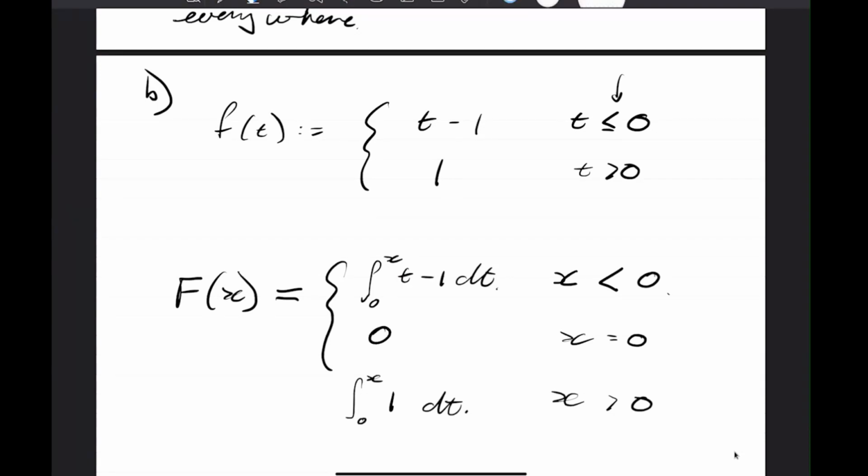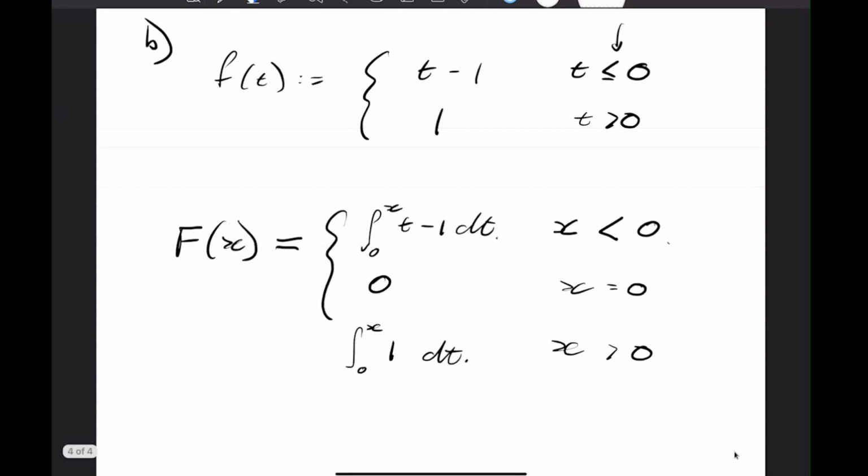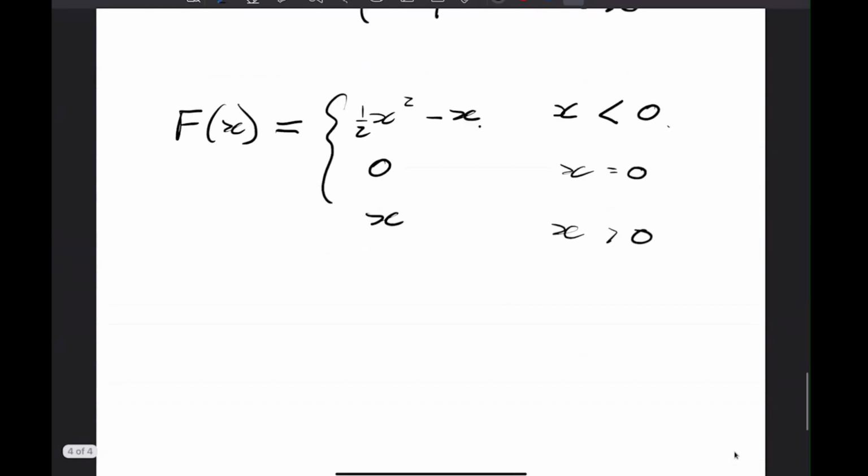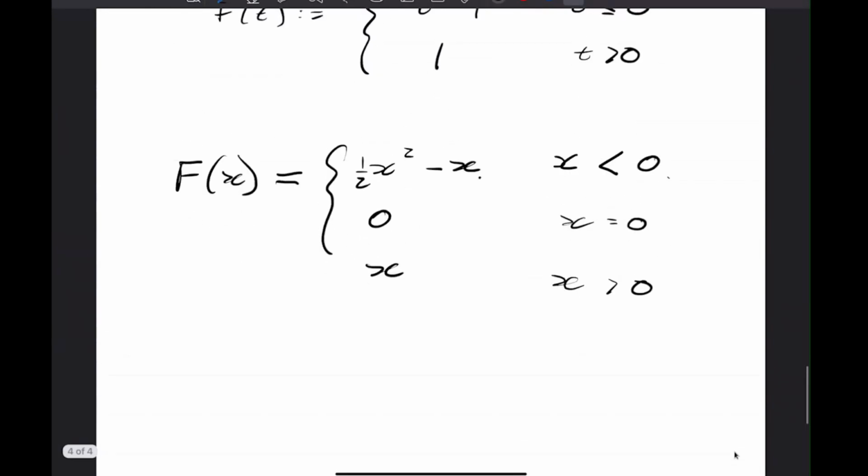And it's not too difficult to see that this reduces to just x, and this, if we do the integral, becomes half x squared minus x. So this is exactly what the values of big F take on.